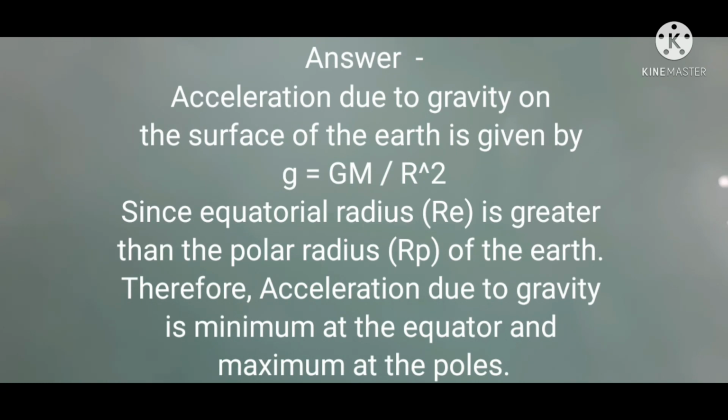Since equatorial radius Re is greater than the polar radius Rp of the earth, therefore, acceleration due to gravity is minimum at the equator and maximum at the poles.